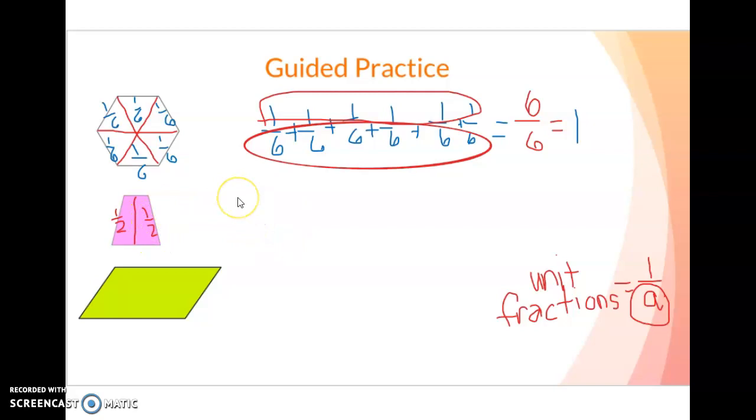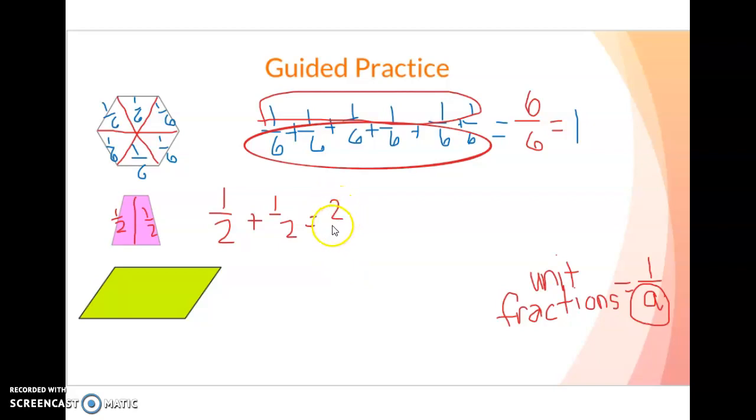And if I wanted to write it in a fractional sum equation, my equation would be 1/2 plus 1/2, which is equal to 2/2, which is also equivalent to a whole.